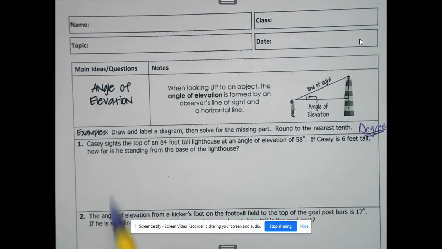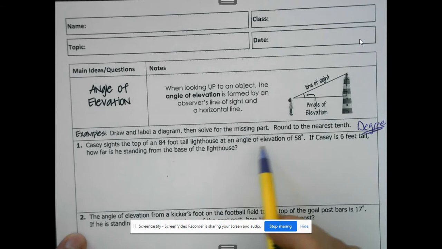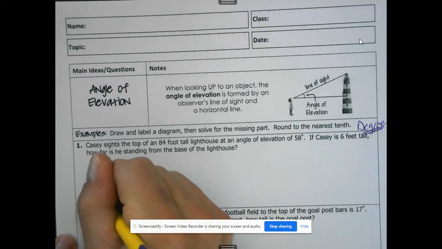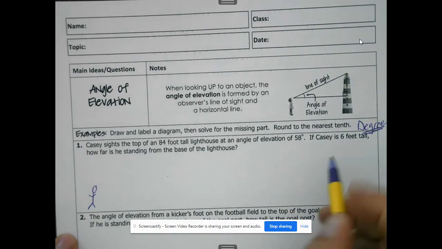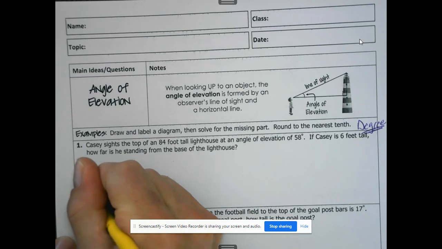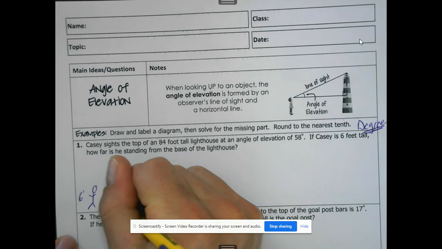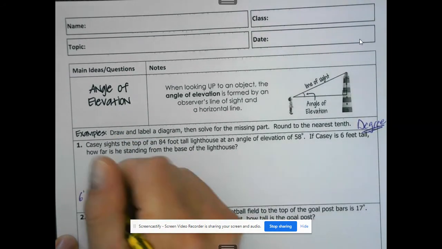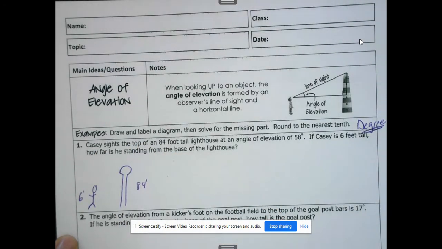All right, here we go. It says Casey sights the top of an 80-foot tall lighthouse at an angle of elevation of 58 degrees. We got Casey, who is 6 feet tall. Says, how far is he standing from the lighthouse? So we got this tall lighthouse that is 84 feet tall, right?